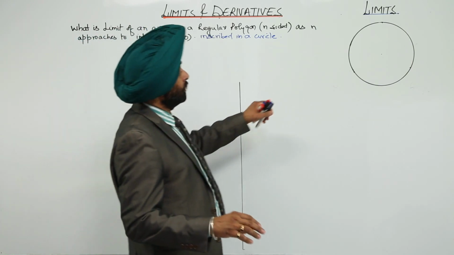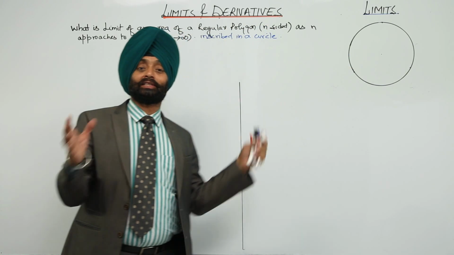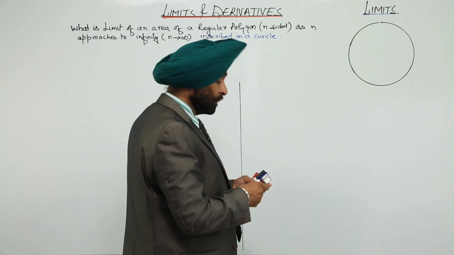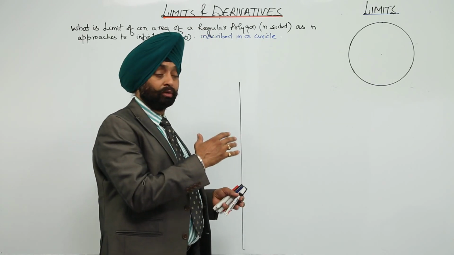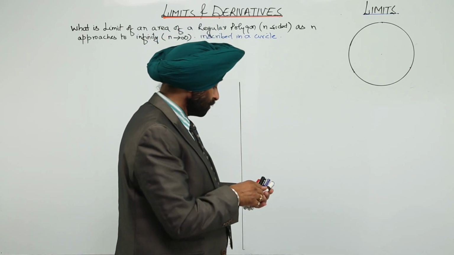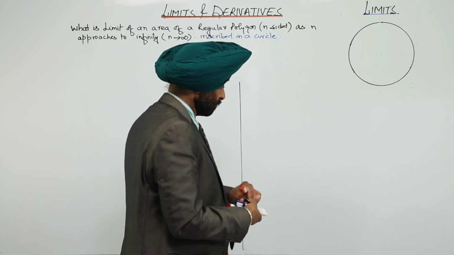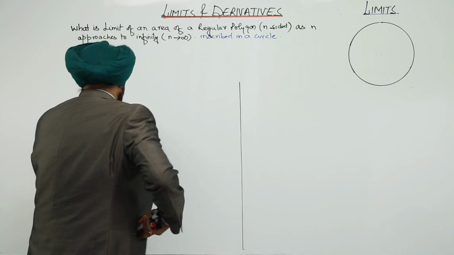Now if we are going to make here a polygon, a regular polygon with n sides, then what will it be? Now I have drawn here a circle. Suppose I am just going to explain something. I have made here 3 different points. Okay. Now we can join these 3 points.